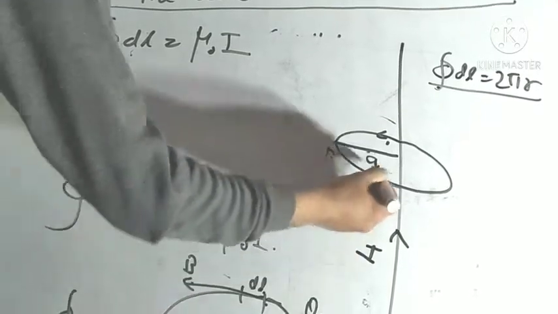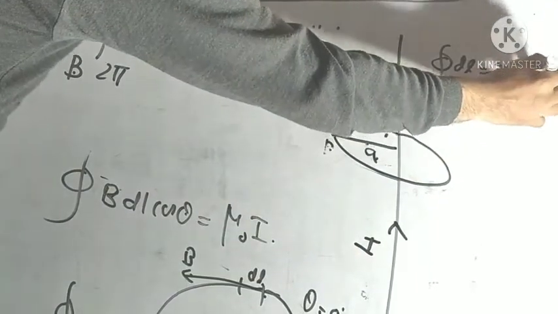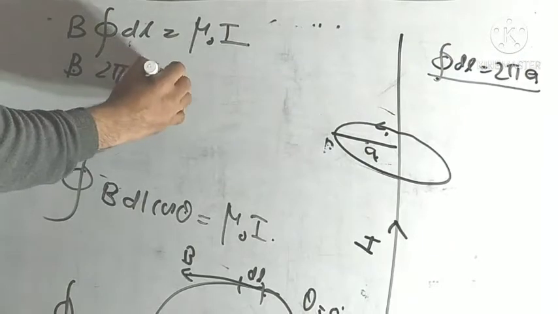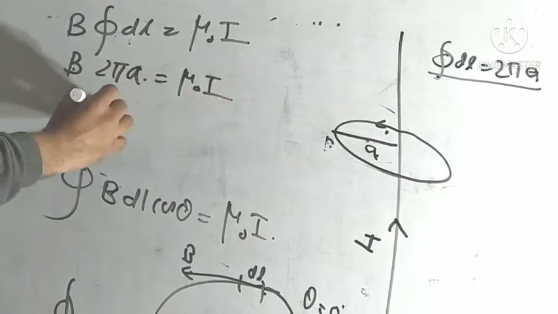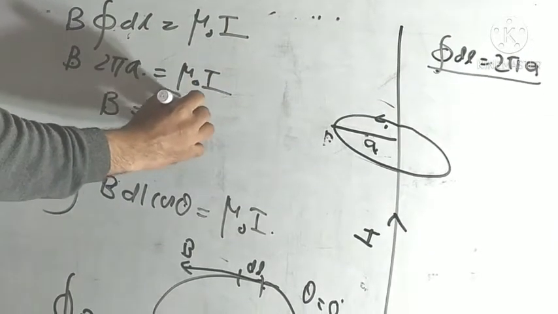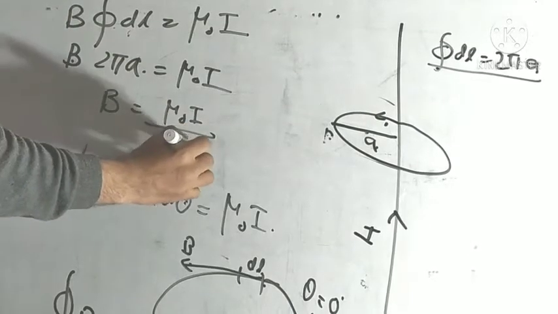Here r is the radius and r is equal to a, so we put the value a here. B into 2 pi a is equal to mu naught I. So B is equal to mu naught I upon 2 pi a.